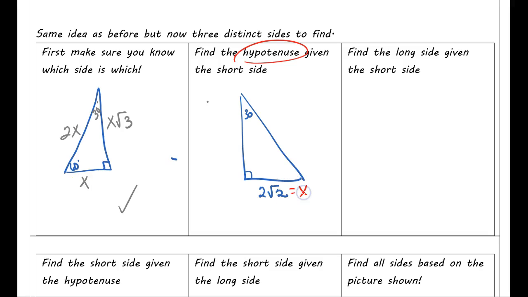So I would label that as x. And if it wants me to jump to the hypotenuse, remember the relationship is x, and then the hypotenuse is always double that. So I need to double that number or multiply it by 2. So I'm just going to write out that 2, and then my x is 2 root 2.